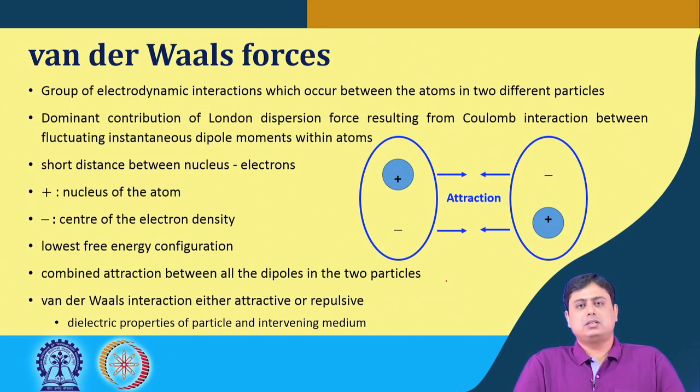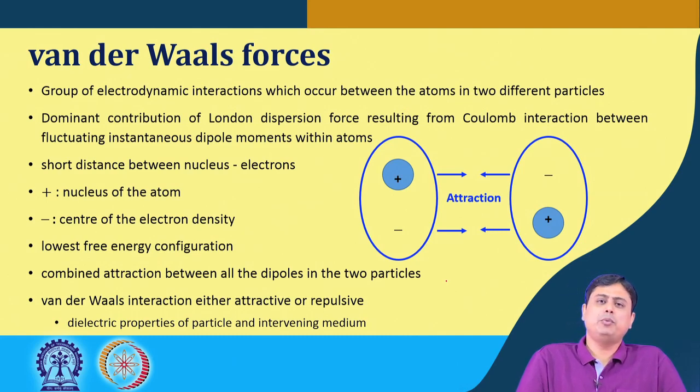They consist of several forces, like Keesom, Debye, and London dispersion forces, and the dominant contribution is the London dispersion force, which results from the Coulomb interaction between fluctuating instantaneous dipole moments within the atom. So, London dispersion is basically the dominant contributor to these van der Waals forces.